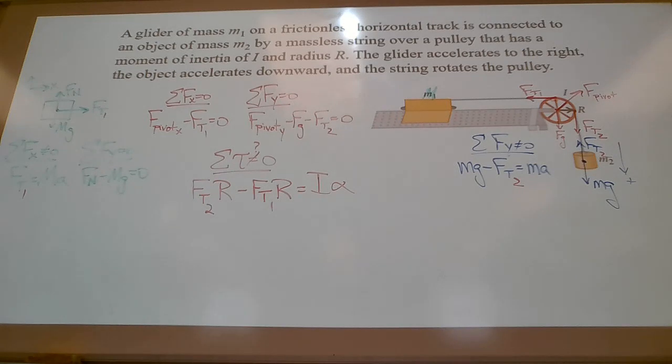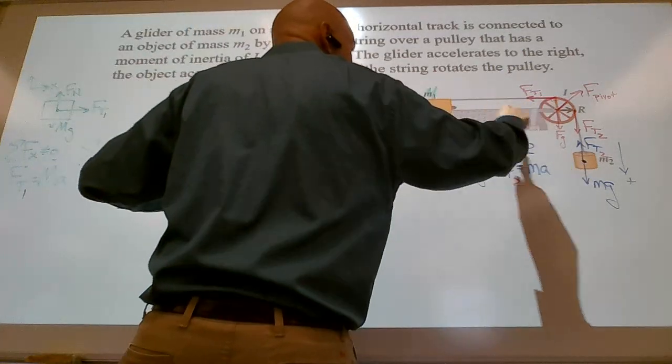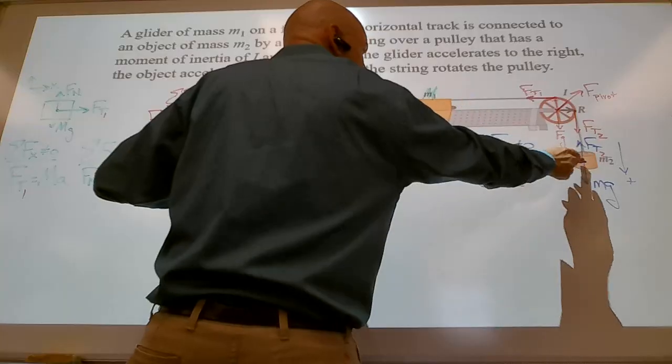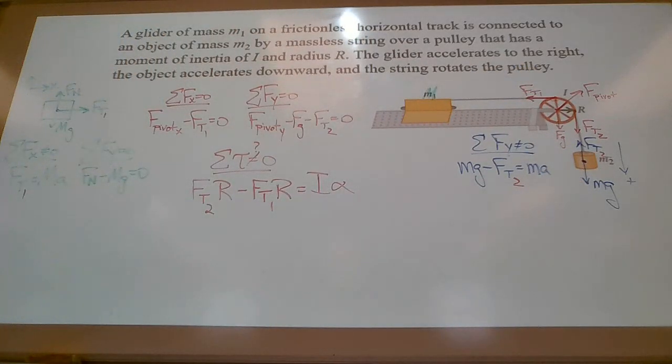If they ask how fast, or how high, or how fast it's spinning, that screams energy. Work-energy. So here, we need to be able to tie the linear motion, or translational motion, of the sled and the mass, and the rotational motion of the disk.